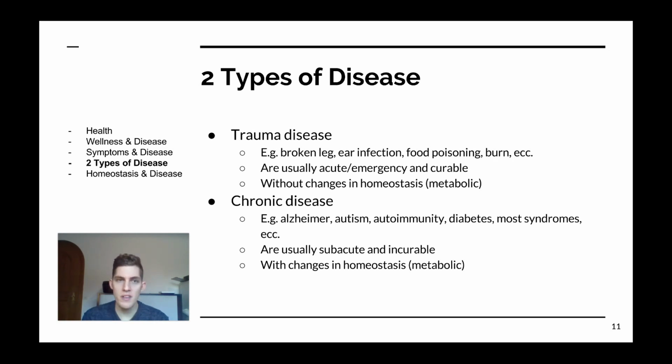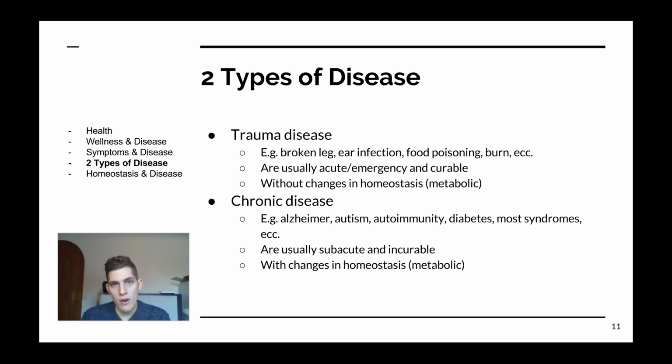Now, what is a trauma disease? Let's start with a few examples. Examples are a broken leg, a twisted ankle, an ear infection, pneumonia, food poisoning, a burn. There's many. This disease is usually acute in nature.